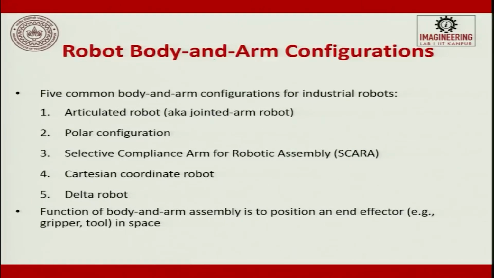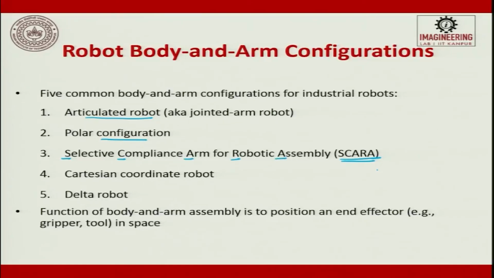The robo body and arm configuration: there are 5 common body and arm configurations for the industrial robo. One is called articulated robo, the other one is called polar configuration, then it is SCARA robo, which is selective compliance arm for robotic assembly.